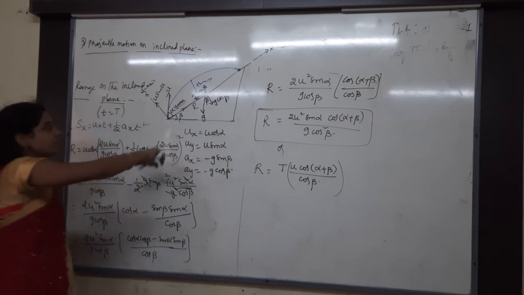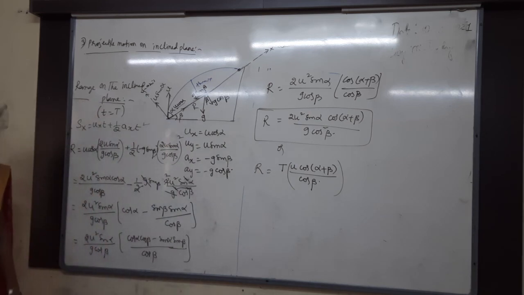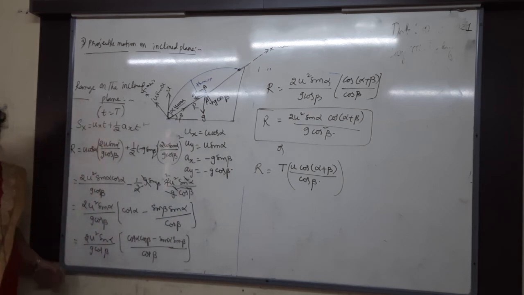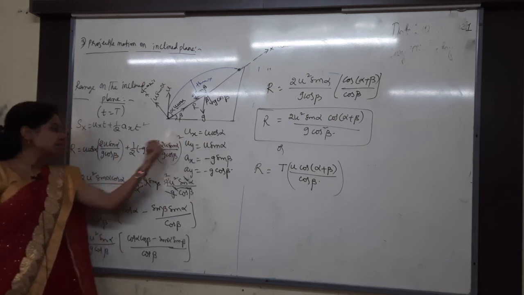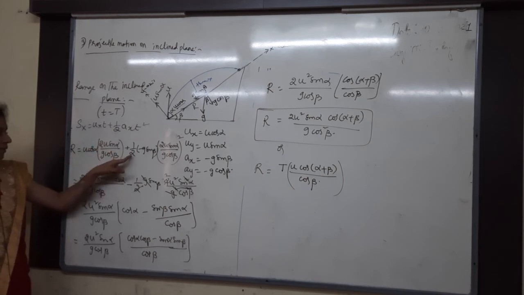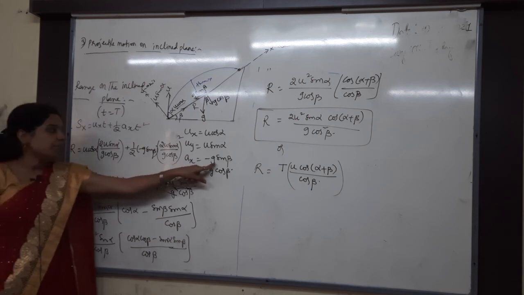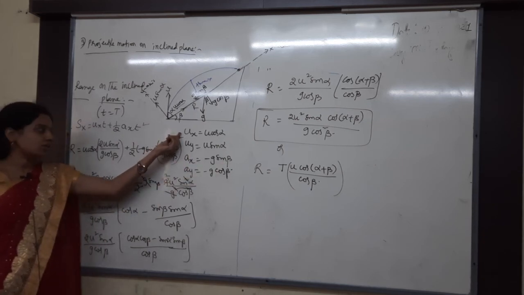It is covering the entire projectile motion. So what is the time taken here? Time of flight, so t is equal to time of flight. Then R is equal to ux, which means what? u cos alpha into the time of flight formula you already know, 2u sin alpha by g cos beta, plus half into ax, which is minus g sin beta, then that into 2u sin alpha by g cos beta, whole square. Why?